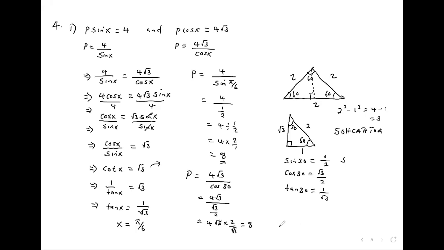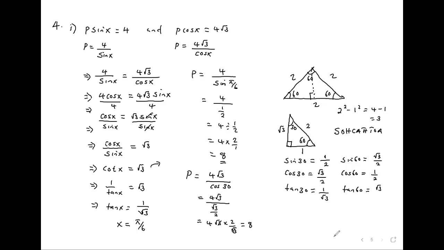We also know that sin 60 is opposite, which is root 3, over hypotenuse, cos 60 is adjacent over hypotenuse, tan 60 is opposite, root 3, over adjacent 1, so just root 3.